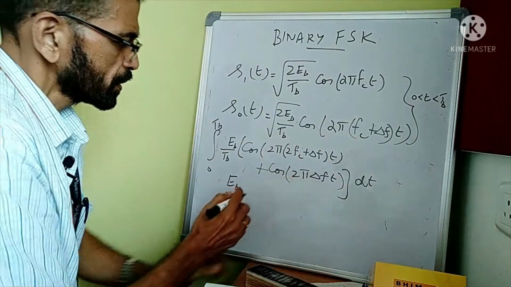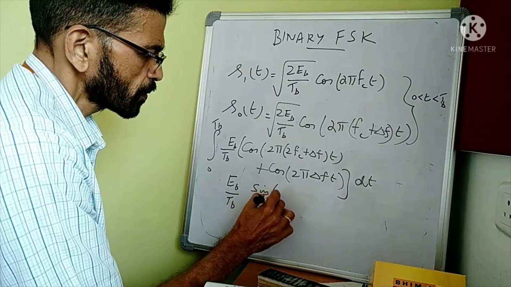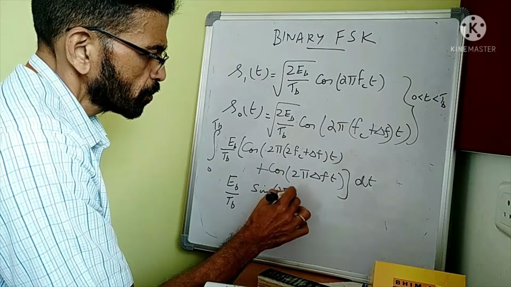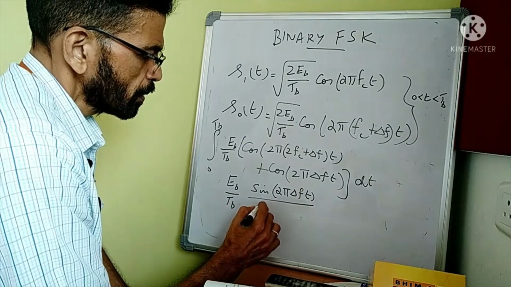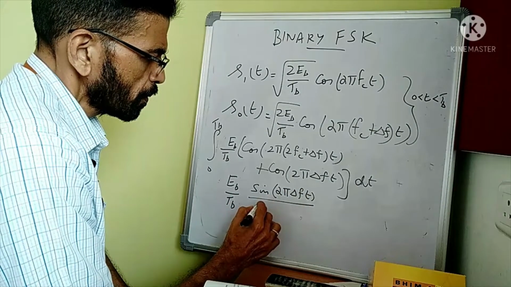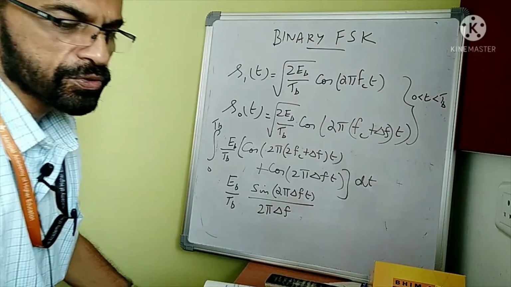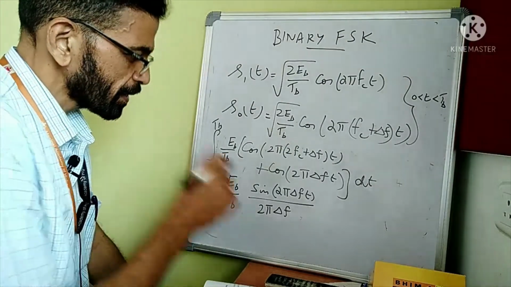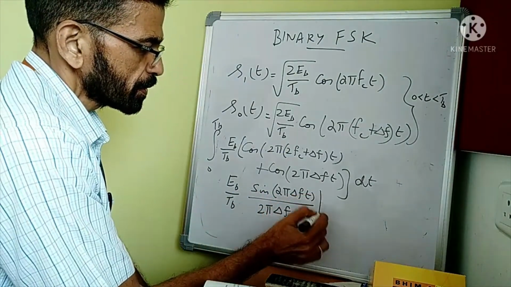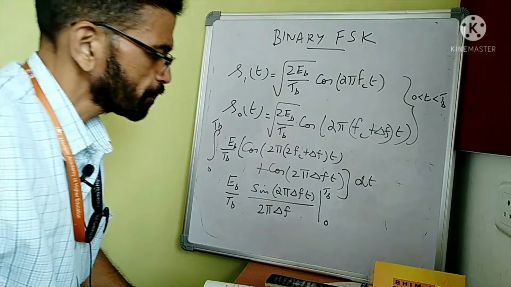This is what we are integrating. The result will be sine 2 pi delta f t divided by 2 pi delta f. This will be the result of integration, and it is from 0 to TB.